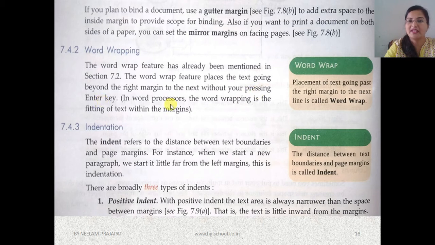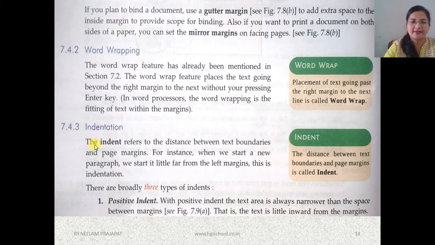You might have seen, as soon as the content reaches the right margin, without pressing enter, it will automatically wrap in the next line, and that is known as word wrapping, okay. So it will actually fit the text within the margins, okay. Between the left margin and the right margin, the text will be fit properly.